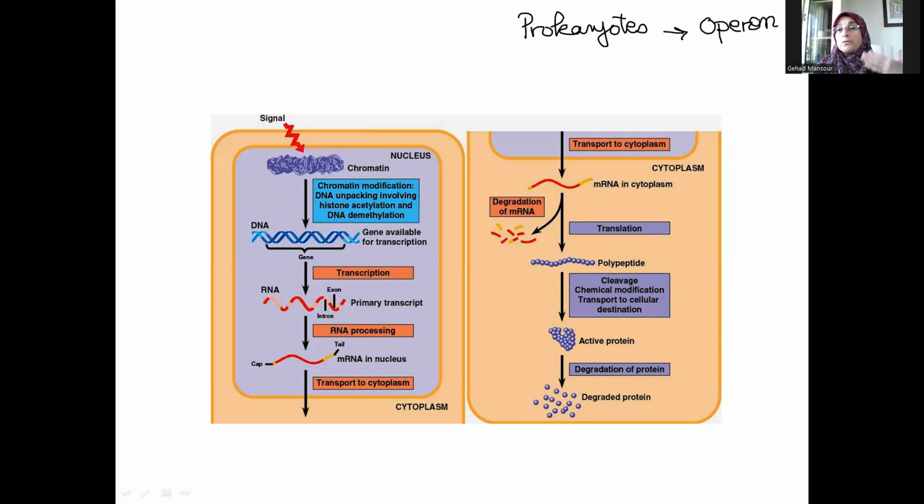And through these operons, we can regulate whether the gene will be induced or repressed, whether the genes will be on or off. But in eukaryotes, we don't have operons, and the regulation of gene expression, or the regulation of translation of a gene into a polypeptide, can occur at several levels.